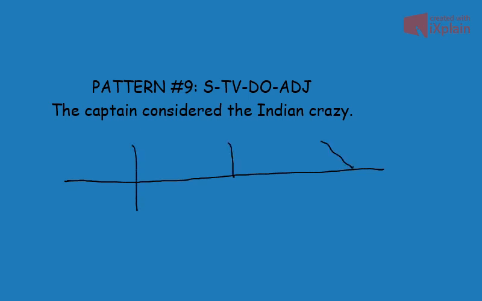Now, when we consider the example, the captain considered the Indian crazy. Considered is an action verb. And what's the subject of the sentence? The subject of the sentence is captain. And the captain considered whom?